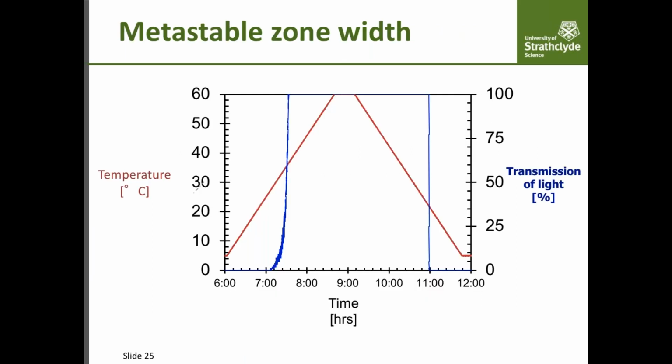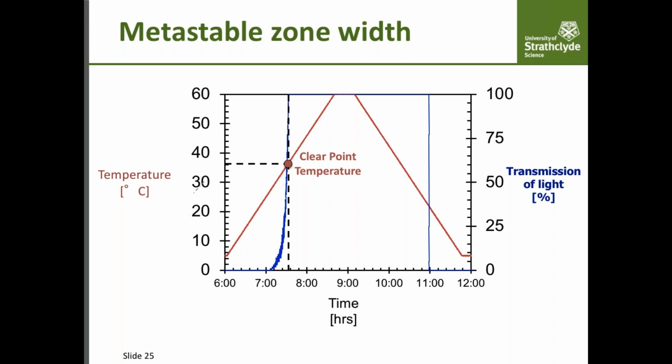So if we look at the measurement here, this is showing the temperature and the transmission of light. The temperature in red is the temperature profile, and in blue is the transmission of light. So we start with a suspension, so the transmission of light is 0, and upon increasing the temperature, we dissolve the crystals until there's a point that all crystals have gone, around 7.5 hours within the measurement.